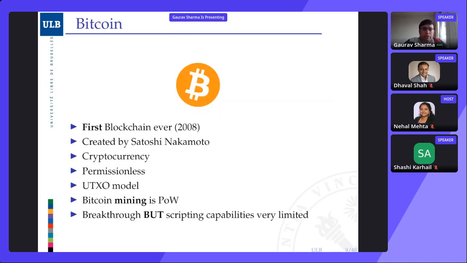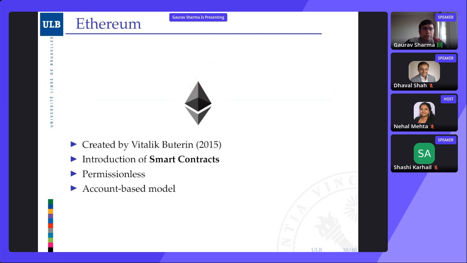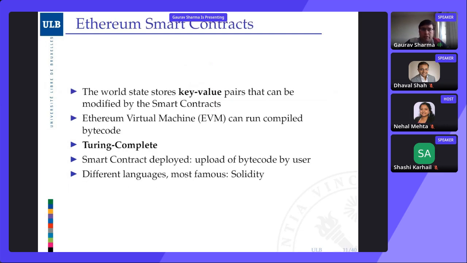So we have Bitcoin, we have Ethereum, we have Hyperledger Fabric. So we have hundreds of thousands of cryptocurrencies these days. One important concept here is the smart contract, which was introduced by Ethereum. In Bitcoin systems, there were some ideas to write scripts, but the scripts were not Turing complete.